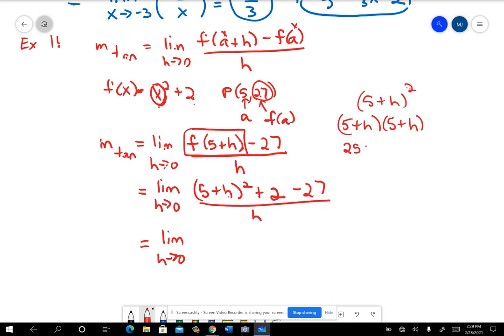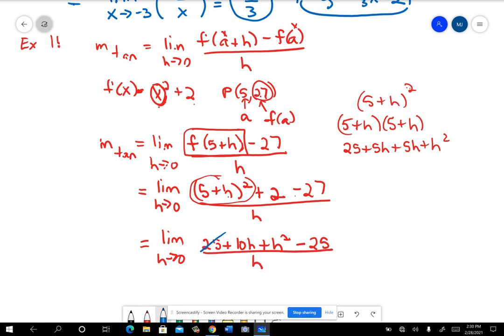It's really 25 plus 5h plus another 5h plus h squared. So this part right here is going to turn into 25 plus 10h plus h squared. Then notice we have plus 2 minus 27, so those would combine to be minus 25.